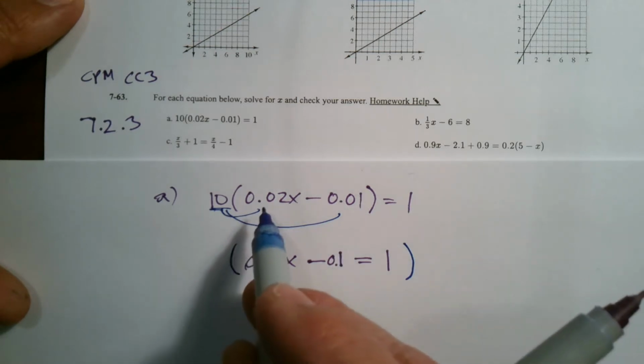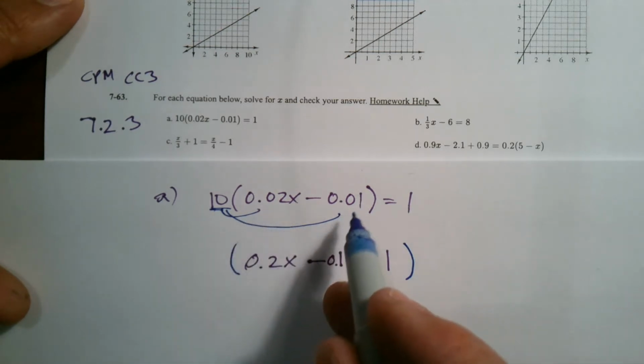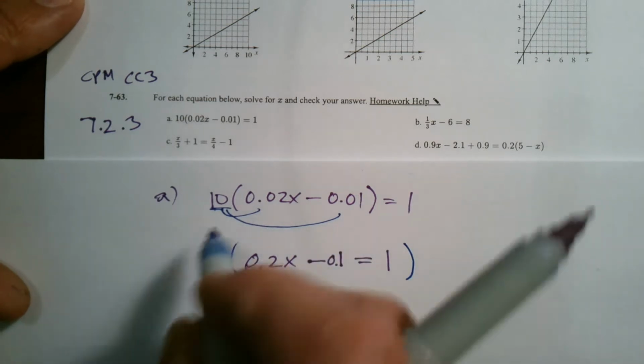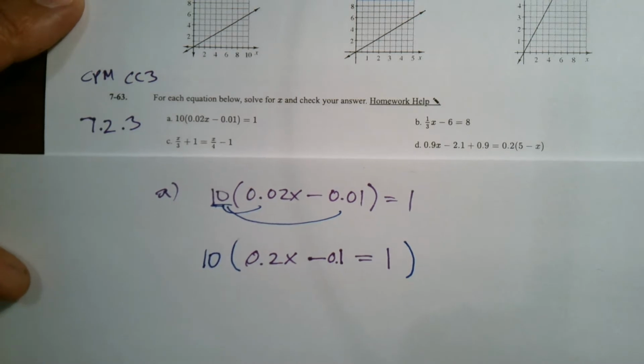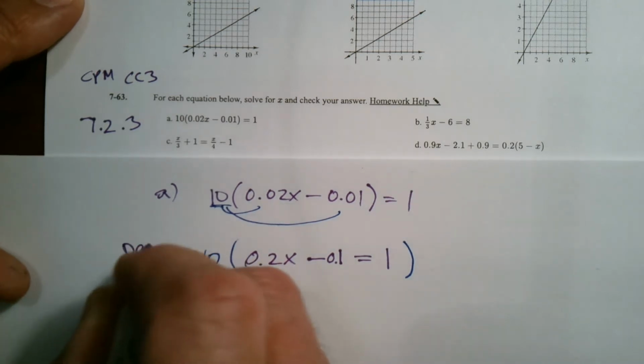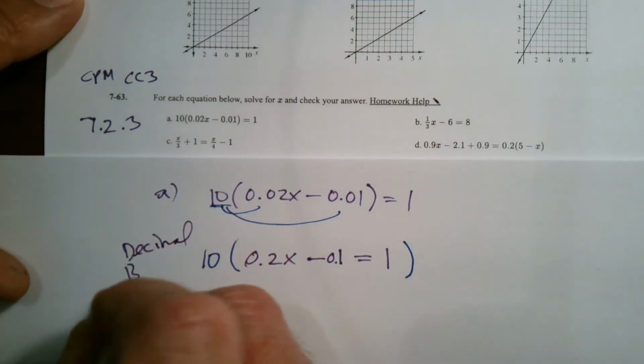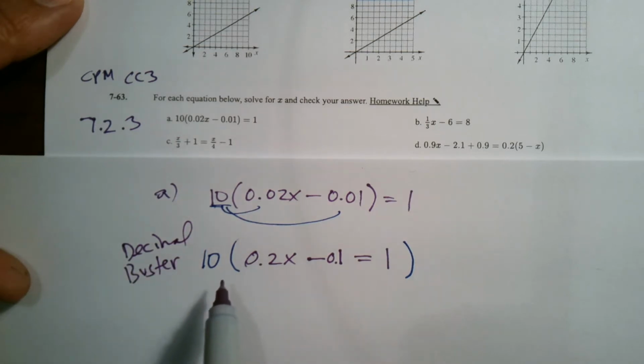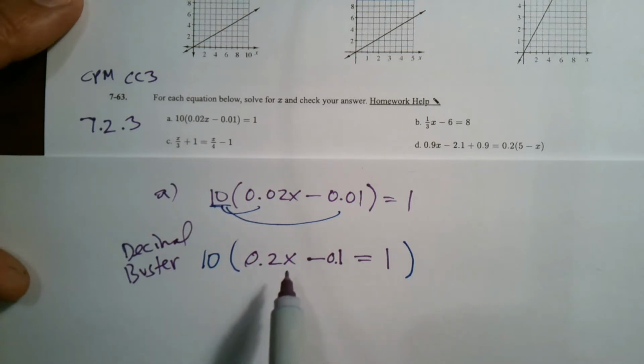Well, you notice when multiplying by 10, that moved the decimal place once over. Well, I just need to move those decimal places one more time. So I'm going to actually use the decimal buster, and my decimal buster in this case is 10. Sometimes you may use 100, sometimes 1,000. It just depends on how many decimal places you want to move.